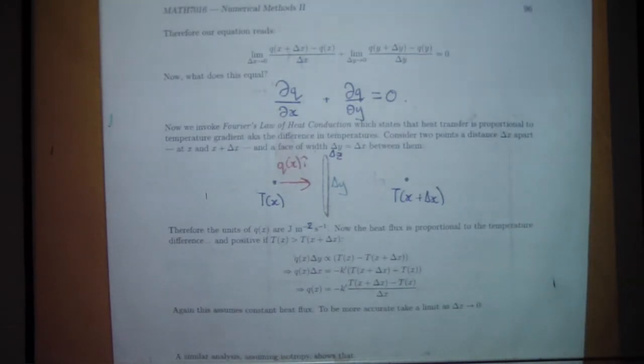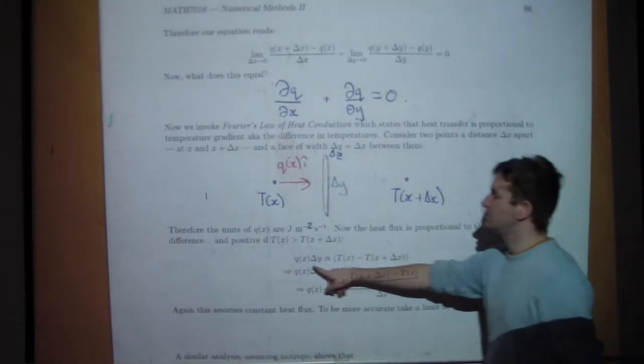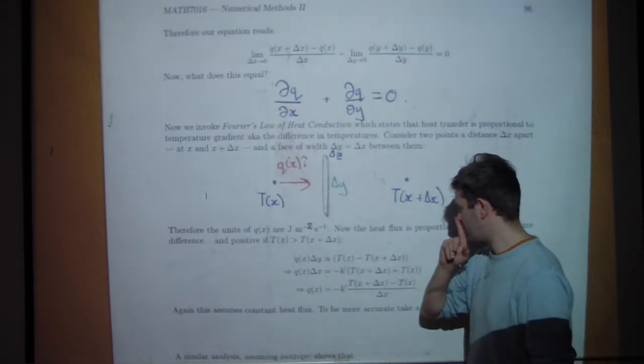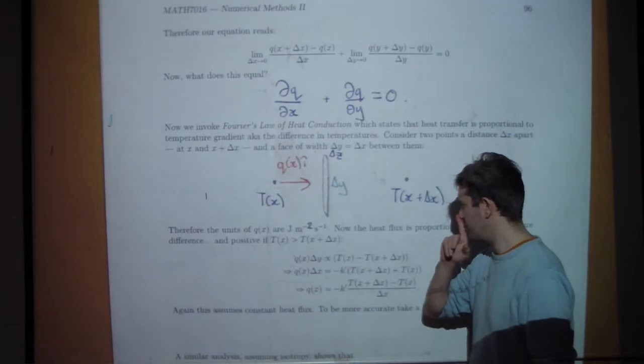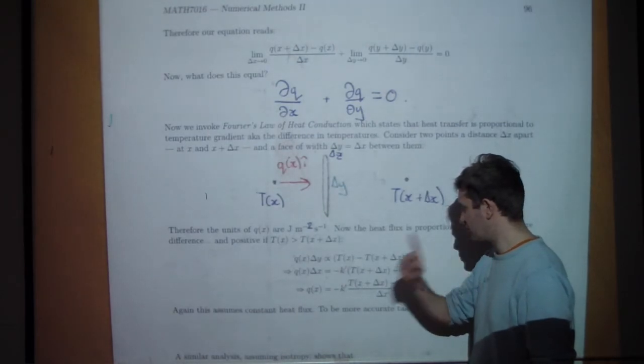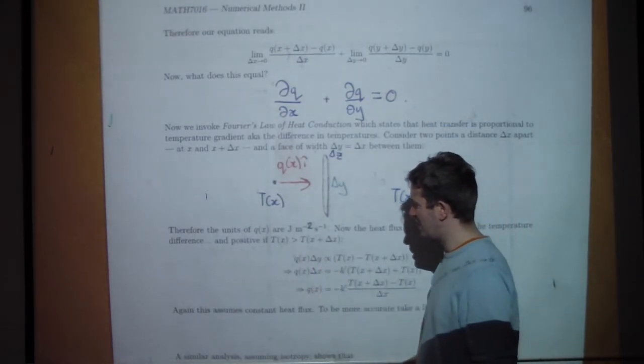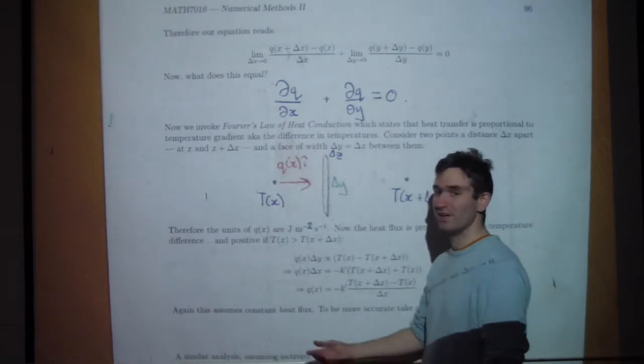So what we see is that the heat transfer, we won't worry about the time. We'll just write this down. So it says that this is how much heat goes through per unit time.